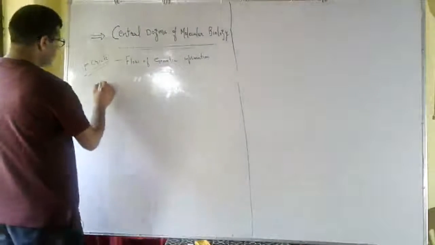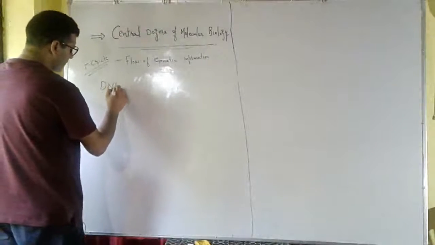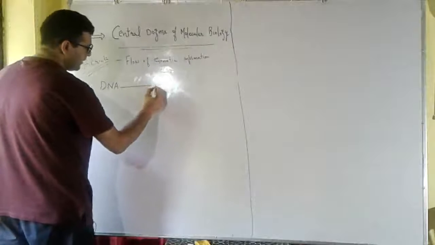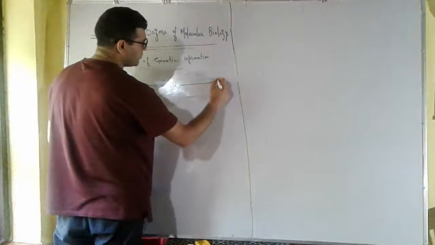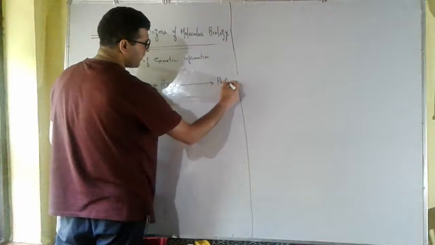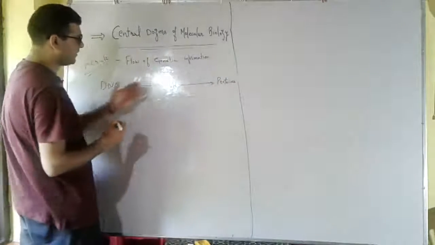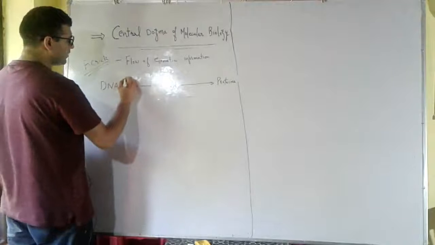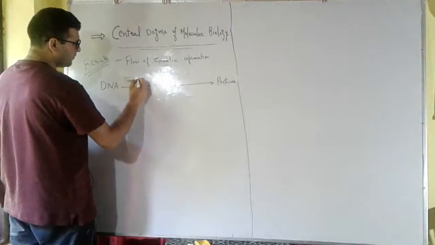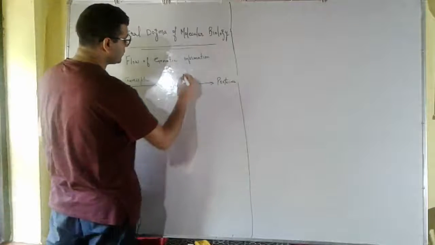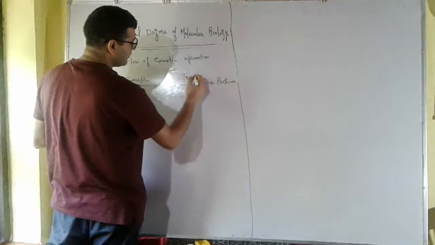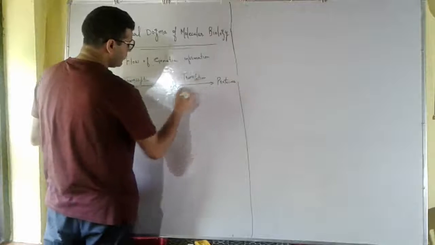So we have got DNA. DNA forms RNA, and RNA forms proteins. DNA forming RNA is called transcription. Then RNA forms protein, which is called translation.